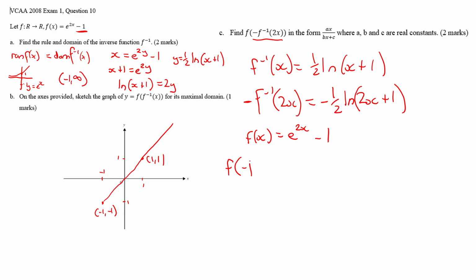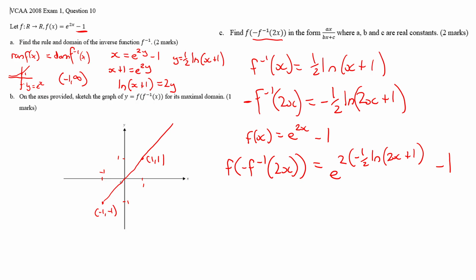So f of the inverse of 2x is going to be equal to e to the power of 2 in brackets, negative half ln 2x plus 1, and then I've got the takeaway 1 on the end. Now, a lot of people struggled to simplify this down. So that's why a lot of people did not get full marks for this.